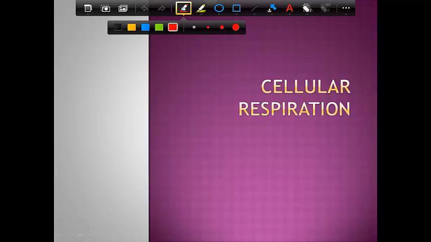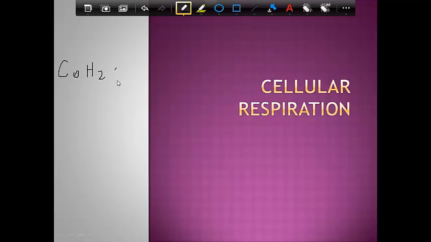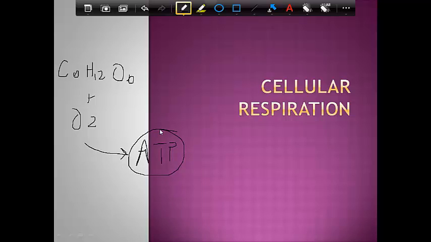Okay, the whole purpose, remember, of cellular respiration is to take some sugar, so glucose, C6H12O6, and take some oxygen that we breathe into our cells, and to produce energy in the form of ATP, which is the main thing we want to make, and then as side products or waste products, some water and carbon dioxide.